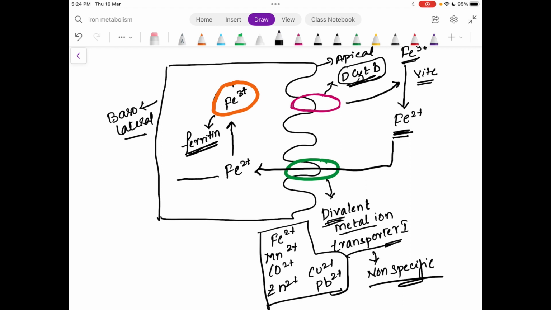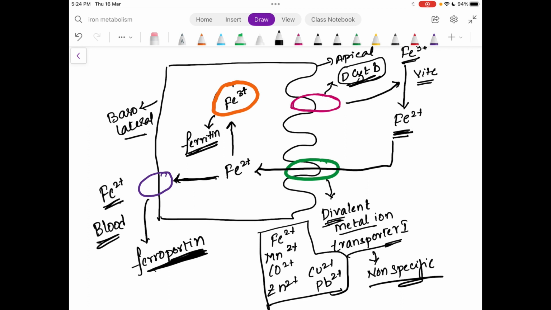Or this iron will pass to this side, towards the blood, the basolateral membrane, where we have a protein called ferroportin. Okay, portin means it will transport iron from inside to outside. Ferroportin will transport Fe2 plus outside.